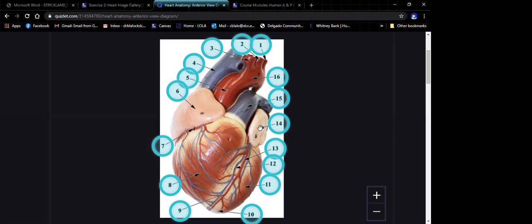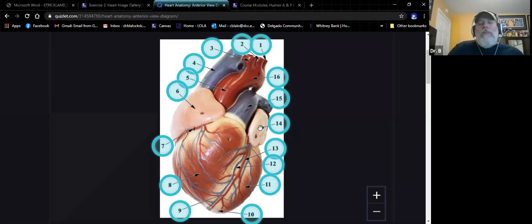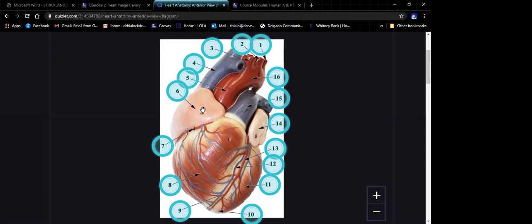So is the structure the same as the tissue? Because on the pre-lab it said tissue. No, the tissue would more than likely be the layer, like the epicardium, the myocardium, and things like that, because at least I wouldn't label it as identify the tissue. I'll go back and see how they have it written. You're talking about the pre-lab? Yes.